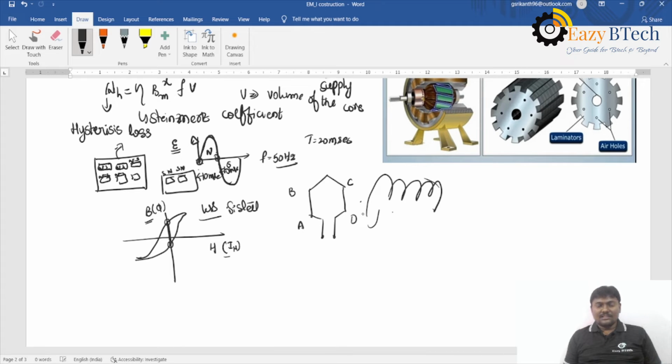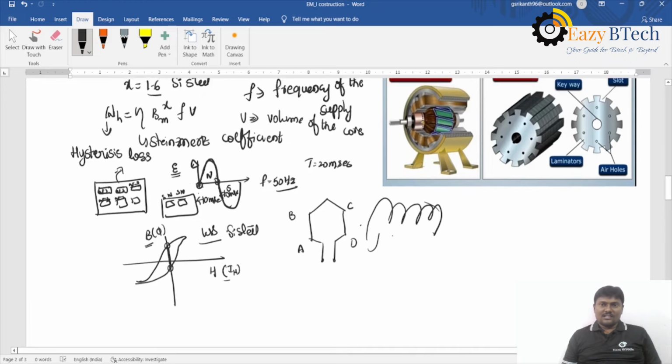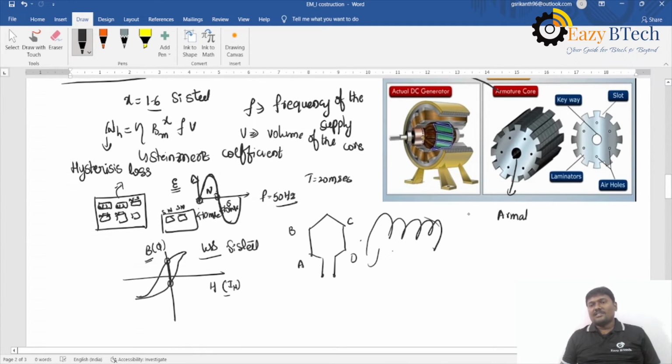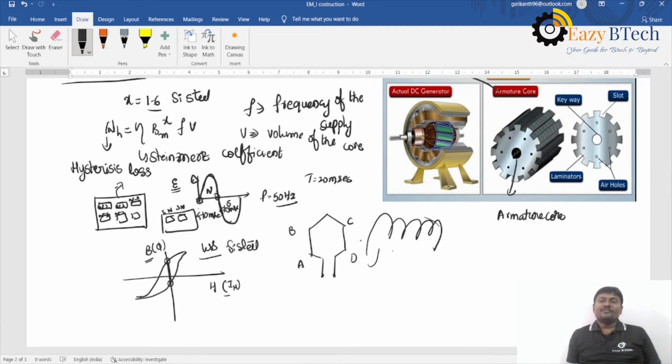If I take many coils like this, we require one part where they are to be kept, and that part is called the armature core. The outer periphery of the armature core is slotted in order to accommodate the winding.